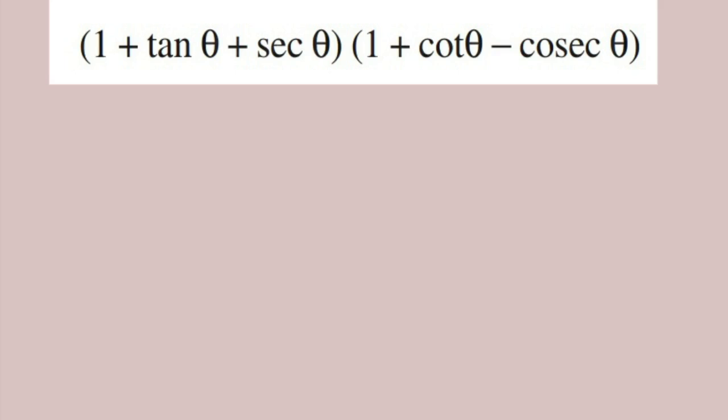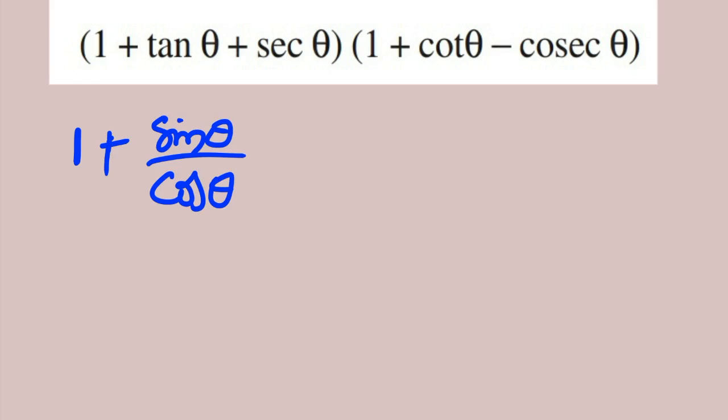For example, you see here 1 plus tan theta plus secant theta is there. So we can write 1 plus tan theta as 1 plus sine theta by cos theta, plus secant theta, which we can write as 1 by cos theta.